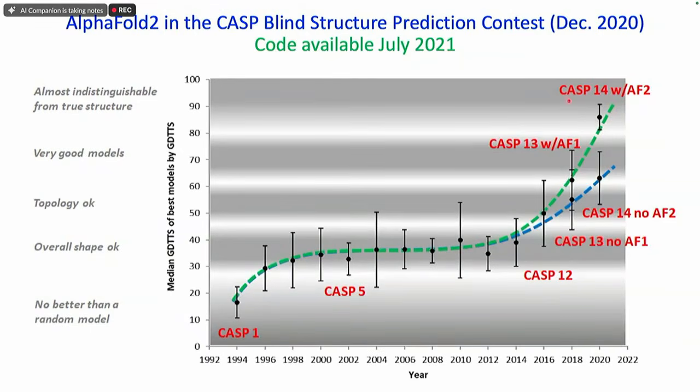But AlphaFold came along, and in CASP14 in 2020, that group were getting about 90% of the structures correct. That's almost as accurate as experimental structures, because if you compare two different structures of the same protein, there may be conformational changes, so that maybe only 90% of it is the same. So that's almost as accurate as experimental structures. So it was really exciting and kind of changed the game.